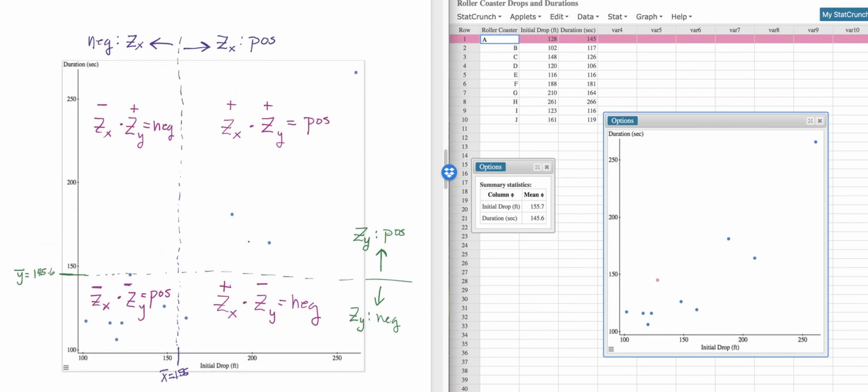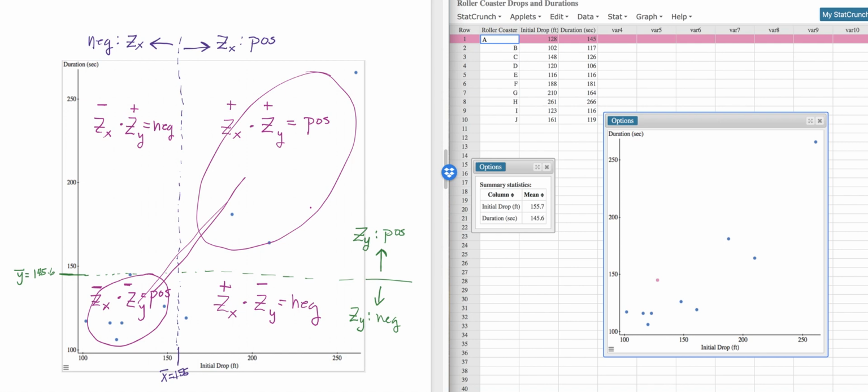Okay, for points that are in this quadrant and this quadrant, all of those products are going to be positive. And notice that if we have a scatter plot showing positive correlation, these 2 quadrants is where we're going to find the majority of our ordered pairs.